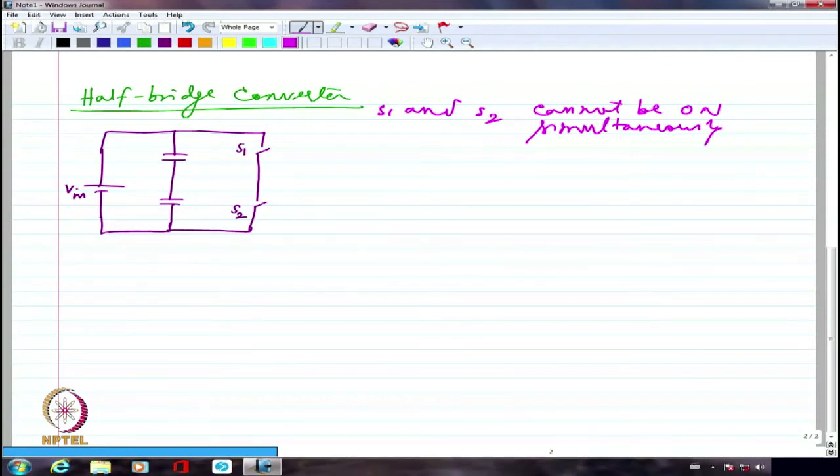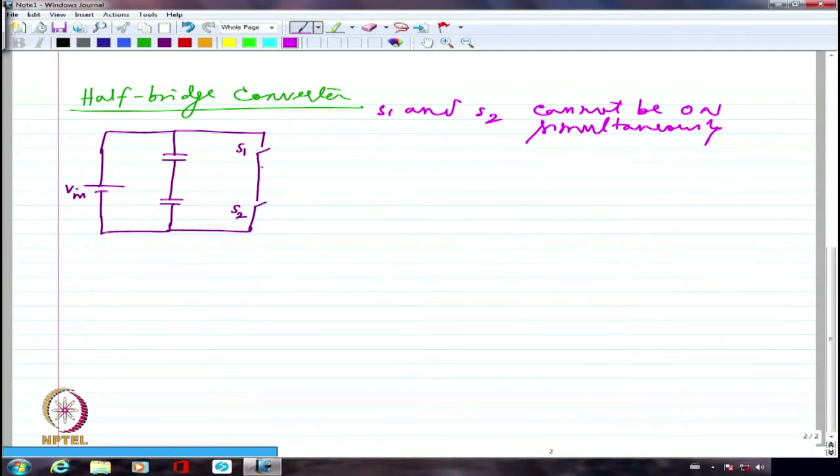But between S1 and S2, we necessarily need to give a small delay. S1 has to turn off completely before S2 takes over, like what we talked about in the case of cycloconverter. Same thing. So we have to make sure that P converter is turned off before N converter gets the firing signal. It's the same thing. So here S1 and S2 have to be completely mutually exclusive.